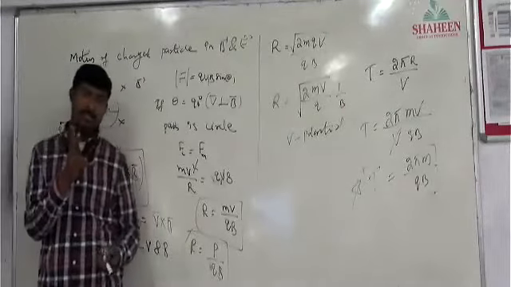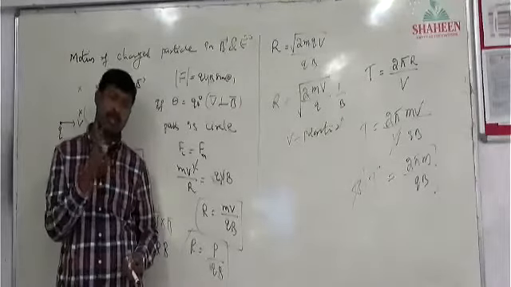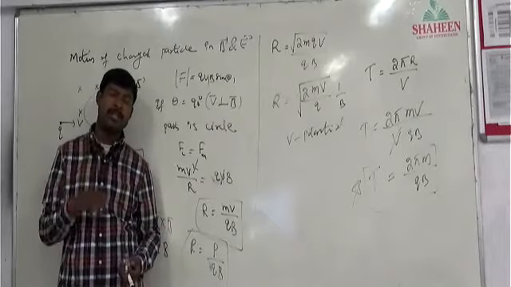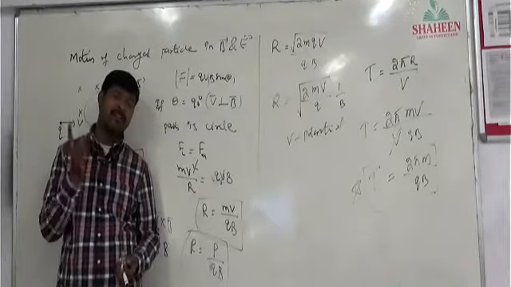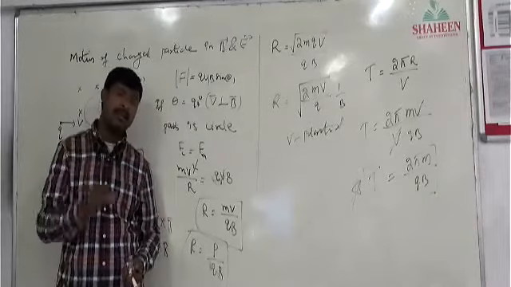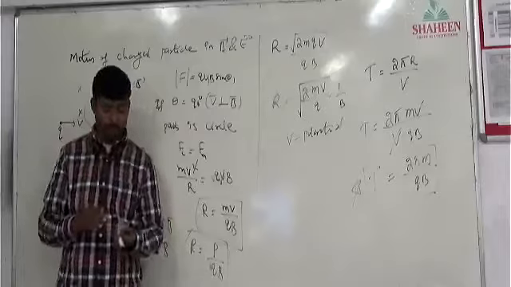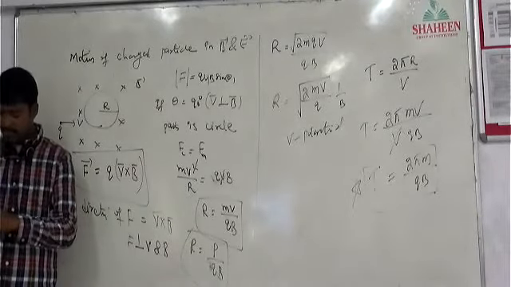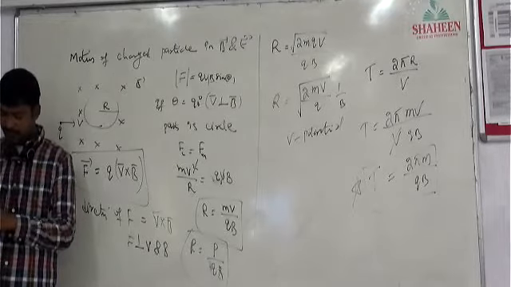Two protons are entering into the same magnetic field perpendicular to the direction of the magnetic field, but one with the velocity v, the other with the velocity 2v. Find the ratio of time periods.